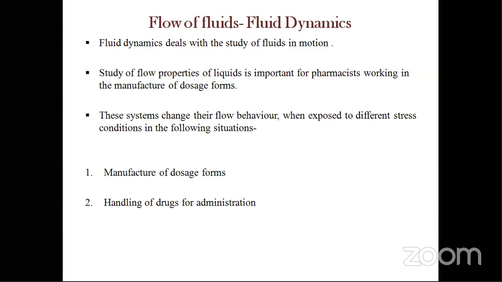So if you apply some stress on the viscous or non-viscous material, its fluid dynamics or flow property increases. This is the nature of the fluid. If you apply no pressure, no stress, it flows in a unidirection depending on its nature.